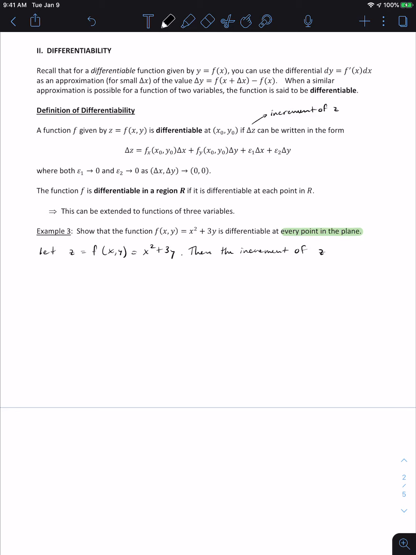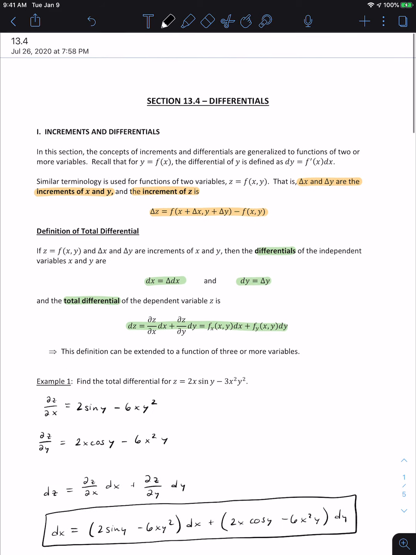Okay, so then the increment of z at an arbitrary point x, y in the plane is, again, plugging in x, y instead of x naught, y naught. Well, remember, what is delta z? That increment of z is the first formula that I looked at.